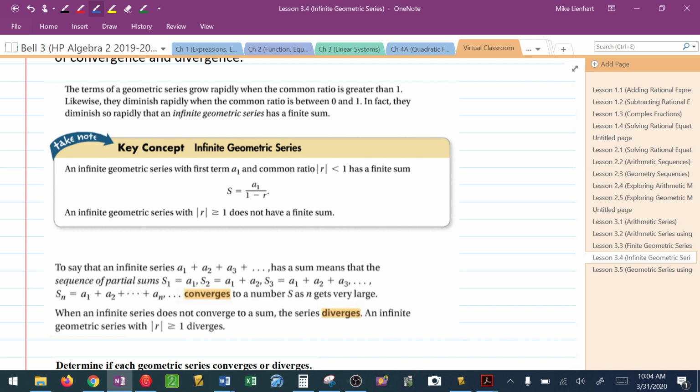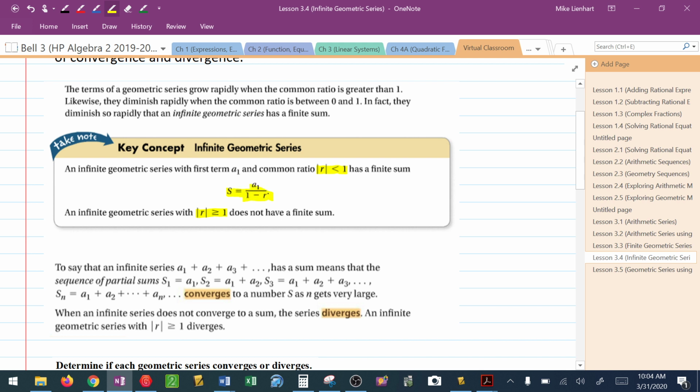So when I have a geometric series that is infinite, the biggest thing I want to be able to do is check and see, what is my R value doing? If the absolute value of R is less than 1, we can find its sum.